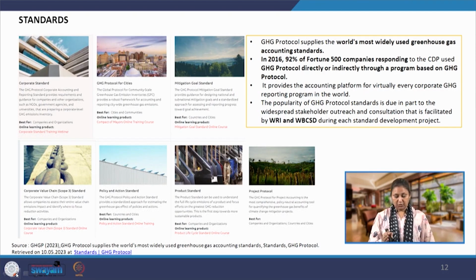This is a protocol for project accounting, and it is one of the most comprehensive policy neutral accounting tools for quantifying the greenhouse gas benefits of climate change mitigation projects. Today, worldwide, specific projects are being undertaken which directly help mitigate climate change or reduce greenhouse gas emissions.